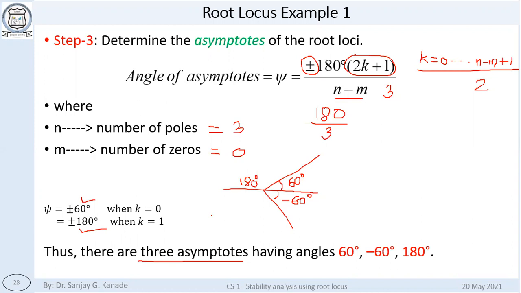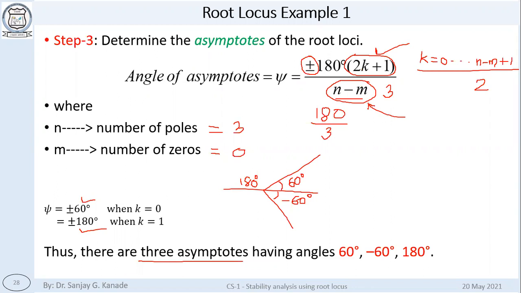Now, a trick to remember in this case. You can see the values of the poles and zeros do not play any role here. It is dependent only on the number of poles and number of zeros, n and m. Only n and m are taken from the transfer function.